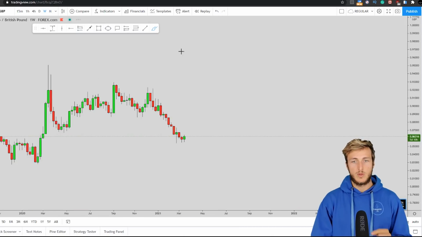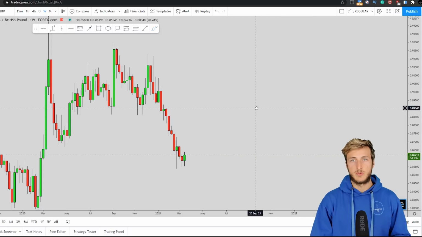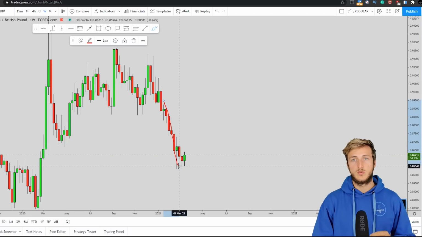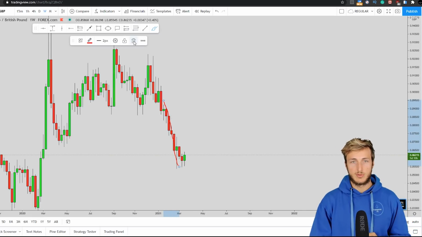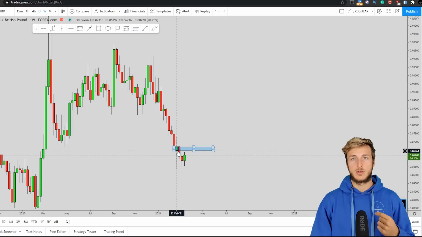Going down on the weekly time frame, what do we have? Now here on the weekly, price action is a little bit different. In fact, what we can see here on the weekly is that in all this impulse to the downside, there is one candle which is not related to the impulse to the downside, which is this green candle here, meaning that at the moment this green candle is quite strong supply.